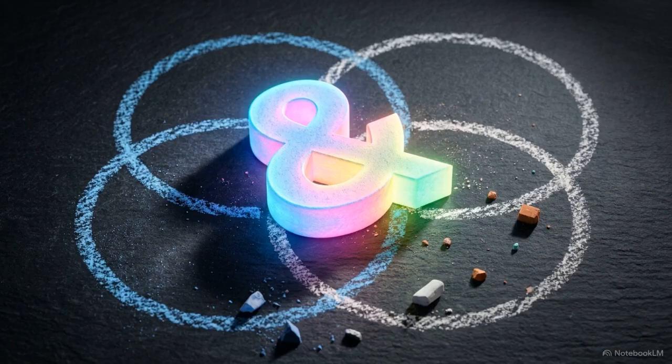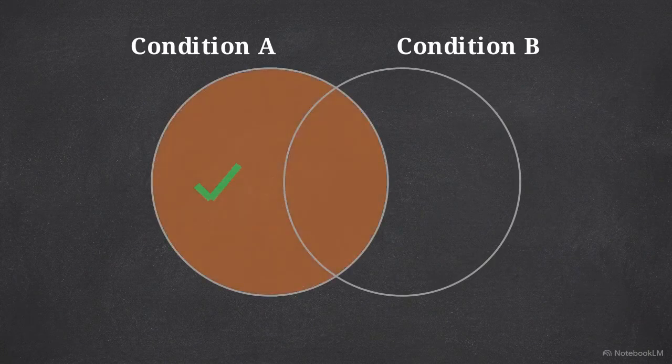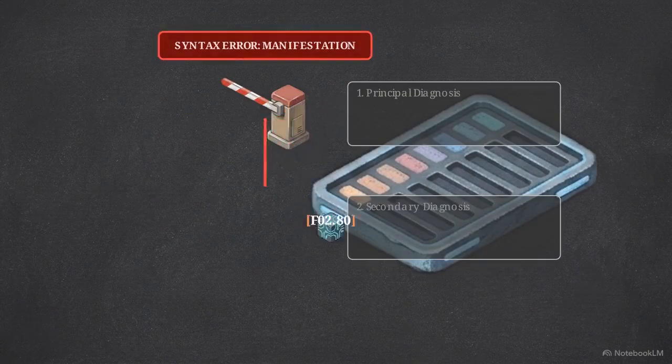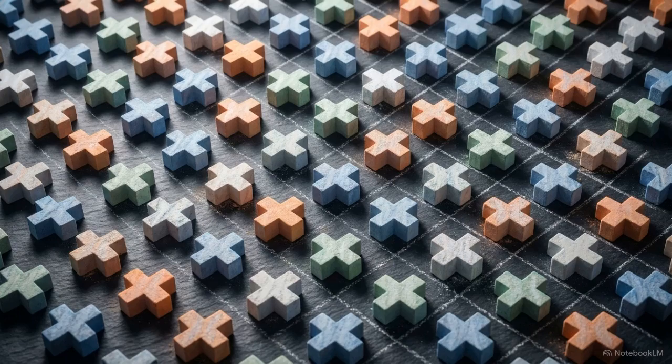Finally, the word AND within a code title functions strictly as an AND/OR operator. It allows the code to be assigned whether one, the other, or both conditions are present. These syntax directives form an automated logic gate that prevents sequencing errors and enforces a universal standard of reporting, regardless of an individual coder's clinical assumptions.